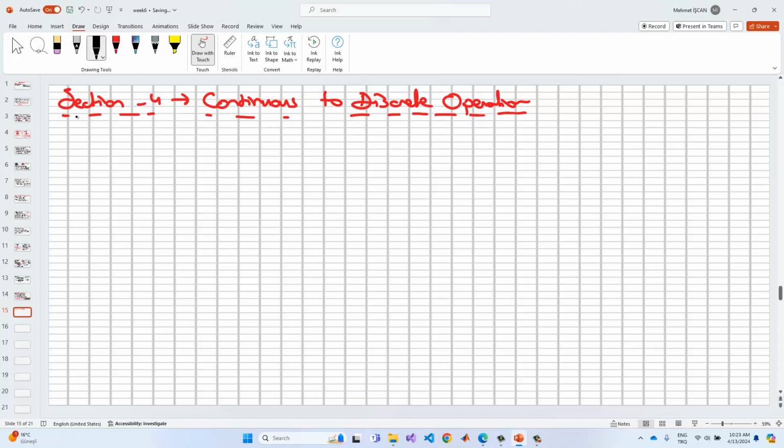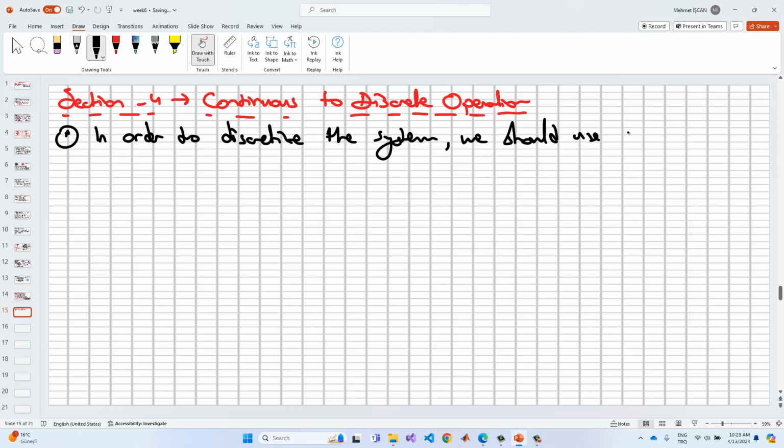So firstly, in order to discretize the system, we should use forward, backward, or centered equations.